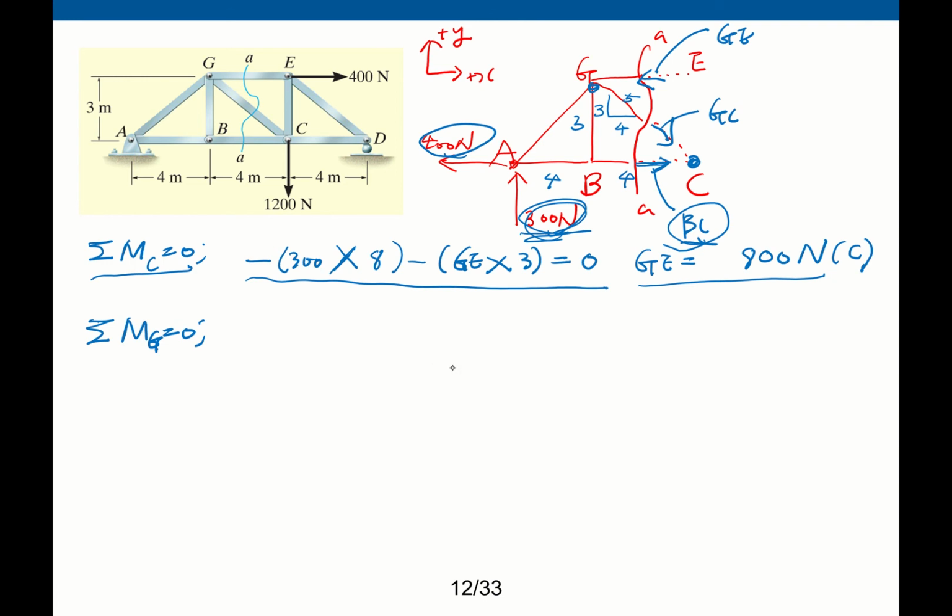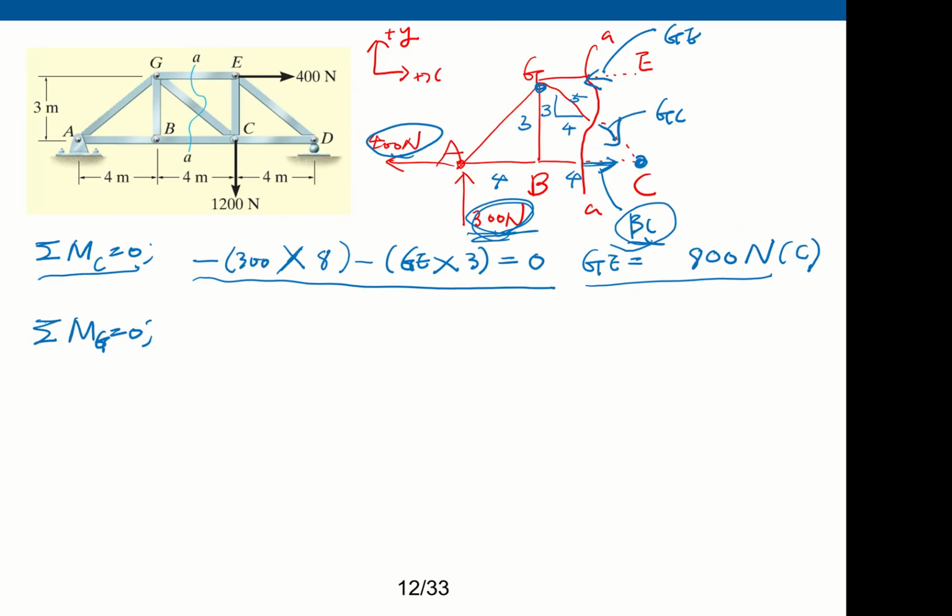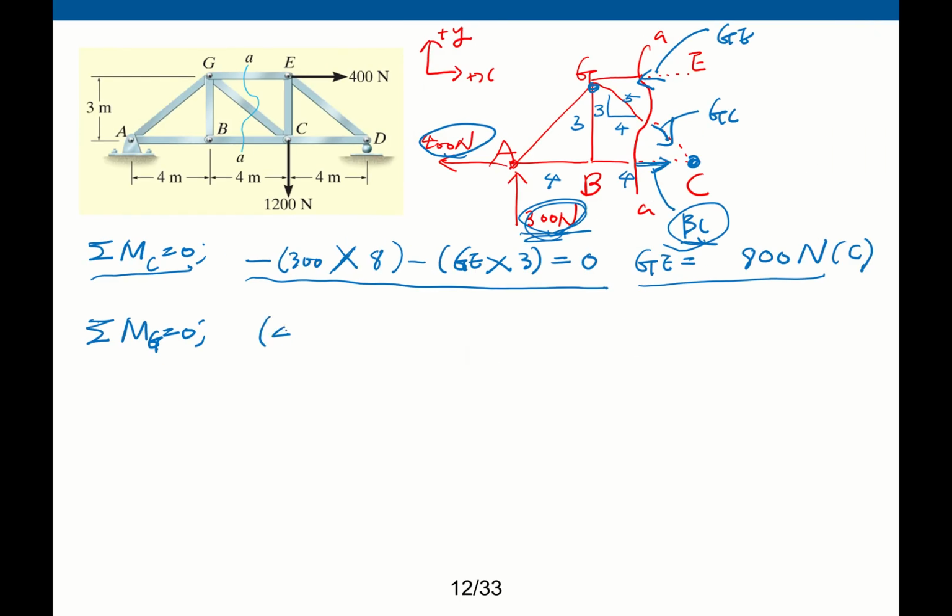So 400 Newton times the vertical distance, which is 3 meters, and this one is clockwise rotation, so it's minus. Another one is 300 Newton times the perpendicular distance, 4 meters.